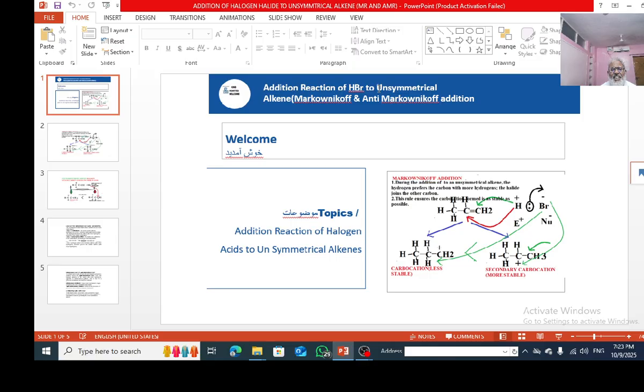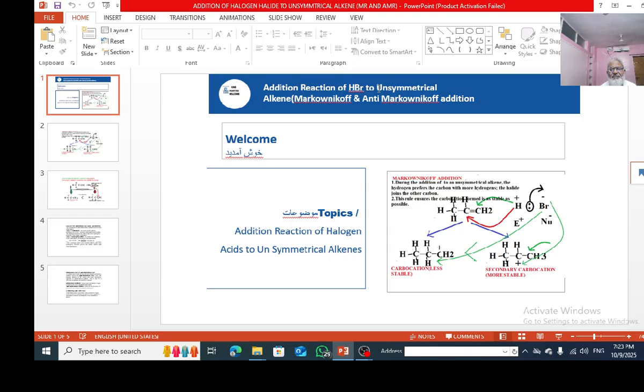When the number of carbon atoms attached to each of the two carbons around the double bond is different, then this is known as unsymmetrical alkene. Consider the example of propene 1.